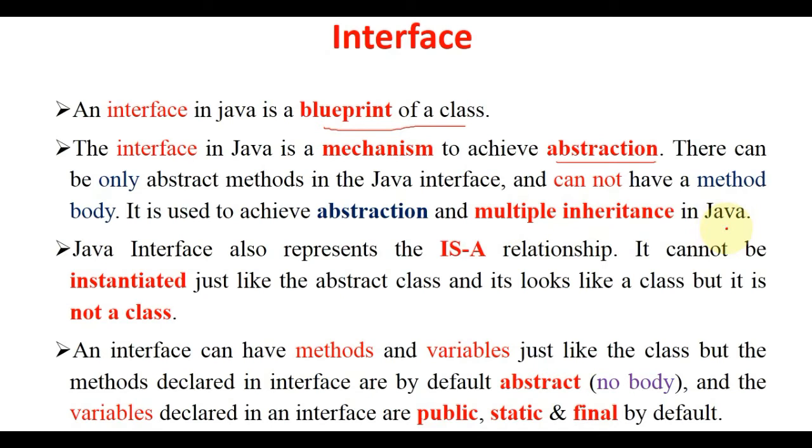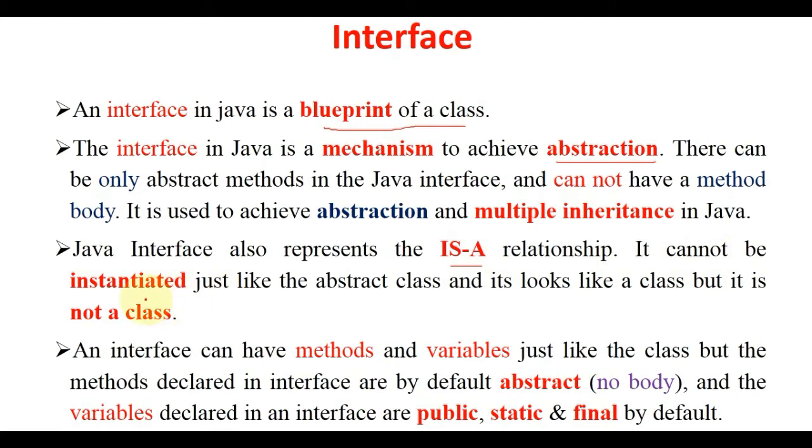As we have learned from the previous slide, multiple inheritance is not allowed in Java, but we can do it with the help of an interface. A Java interface also represents the is-a relationship, just as inheritance does.